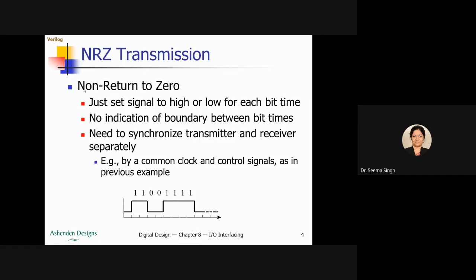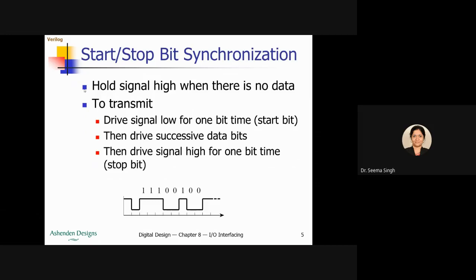Next, there are various other ways also. Before I go to the start stop bit synchronization, there are various other ways in which we can synchronize the transmitter and receiver. You can note this down: the three basic ways. One way is to transmit a clock on a separate signal wire.